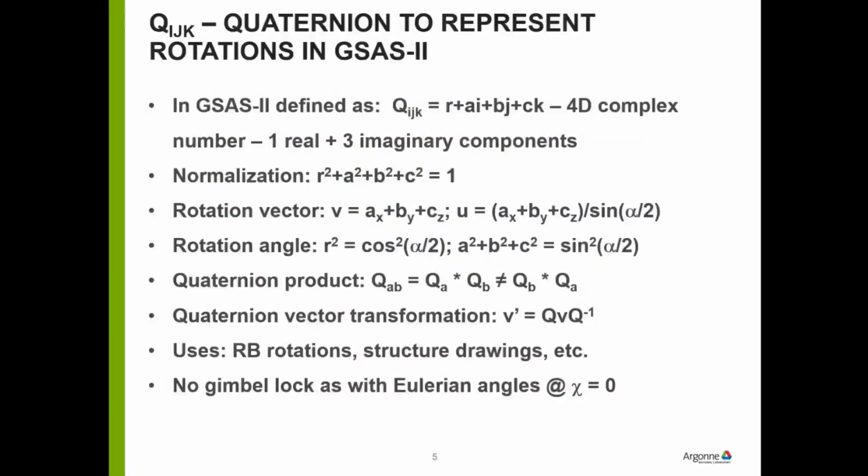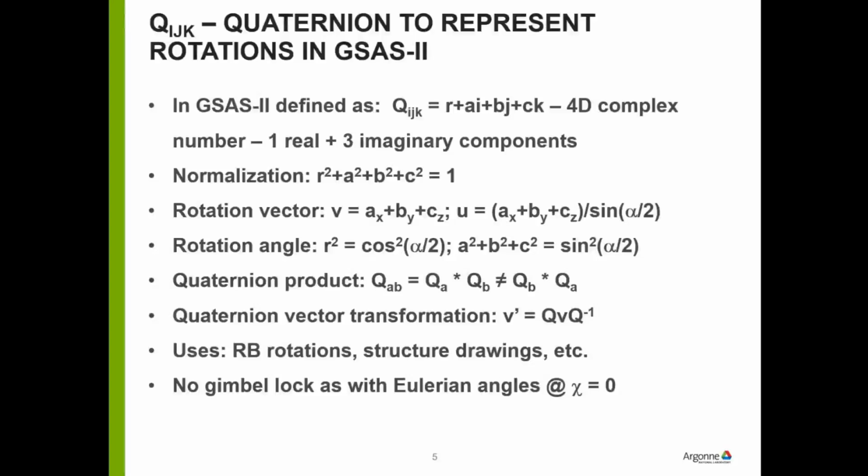So what are they? Well, you know about real and imaginary numbers, where you have a real and then there's i, an imaginary number. Imagine the same thing, except you're going to have three imaginary numbers and one real, so it's 4. So it's a real and then 3 imaginary components.